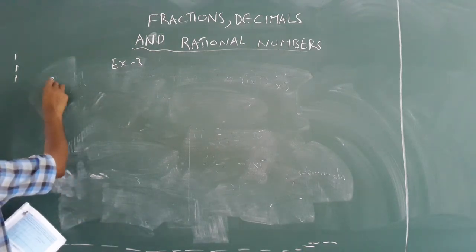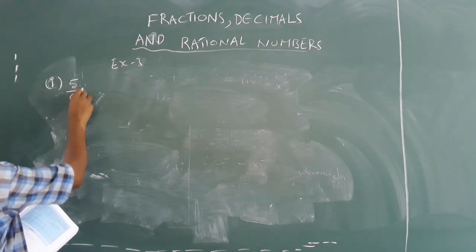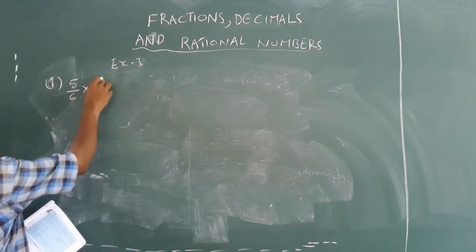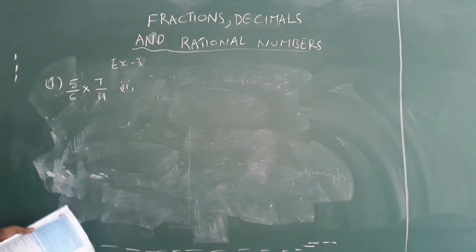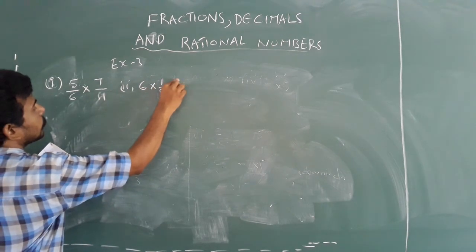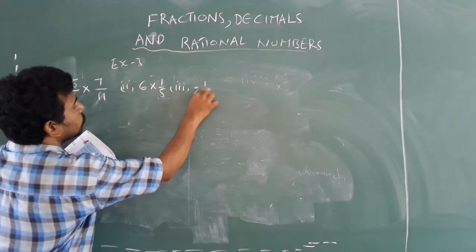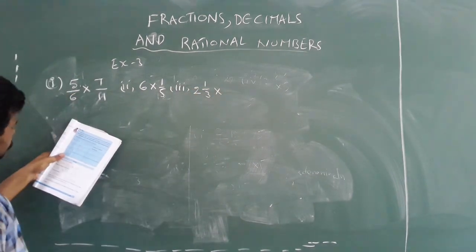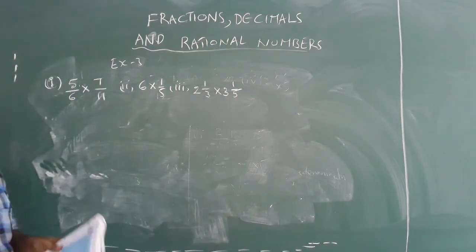First bit, 5 by 6 into 7 by 11. Second bit, 6 into 1 by 5. The third one, 2 1 by 3 into 3 1 by 5.